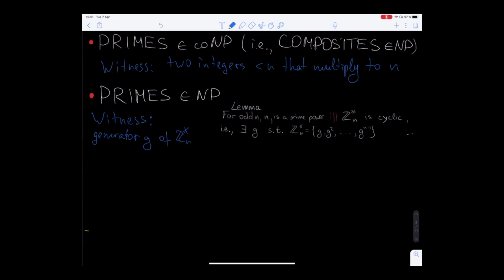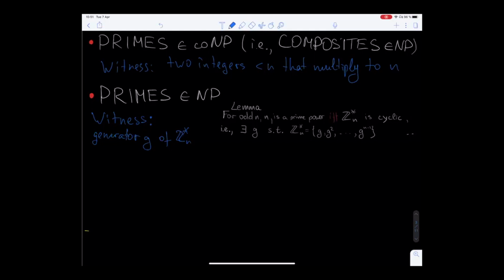So we have a generator, and we would need to figure out that it is actually a generator. For that, we need to check that basically G gives 1 only in large powers, essentially, modulo n.